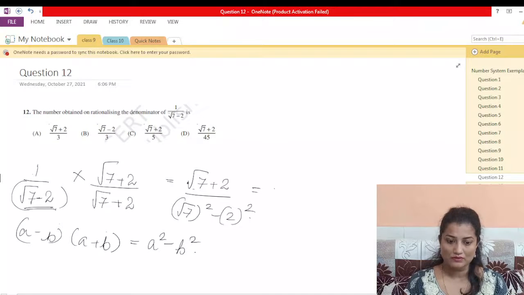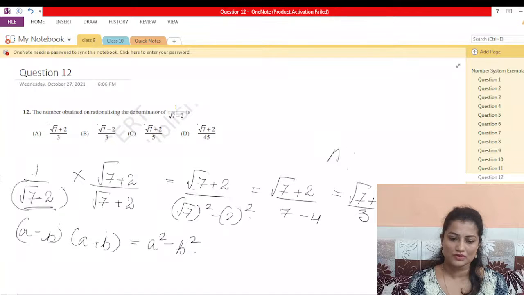So when we solve this, in the numerator we are getting root 7 plus 2. In the denominator, root 7 whole square is 7 and 2 whole square is 4. So 7 minus 4 will be 3. So the answer is root 7 plus 2 divided by 3. That is option A.